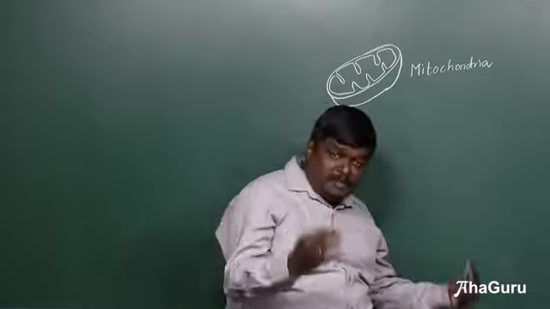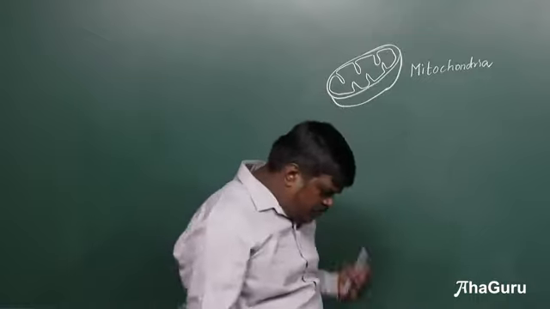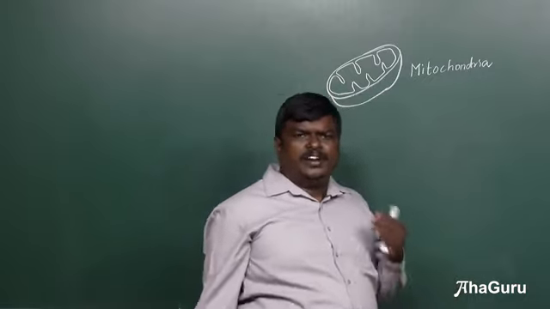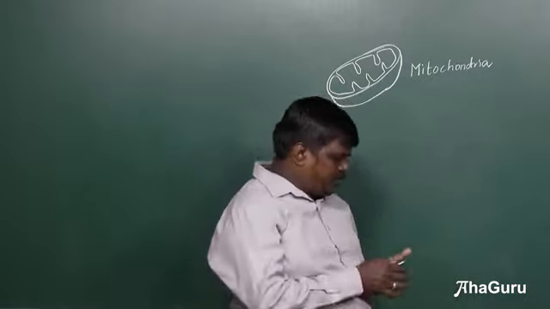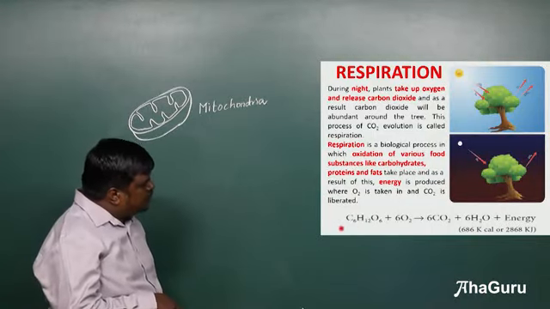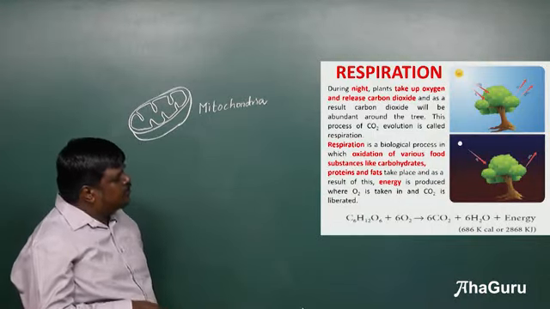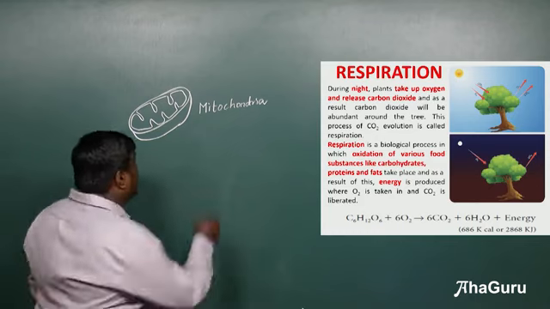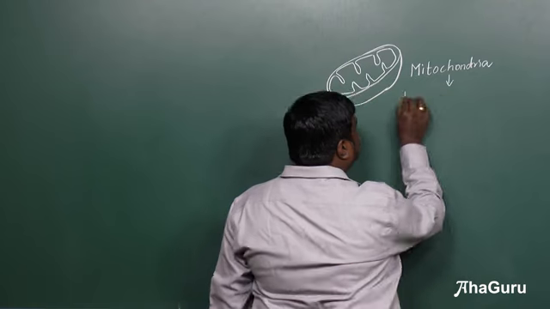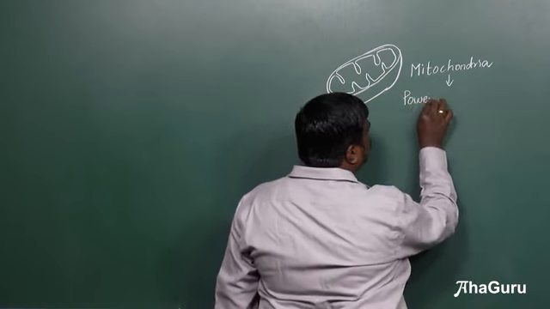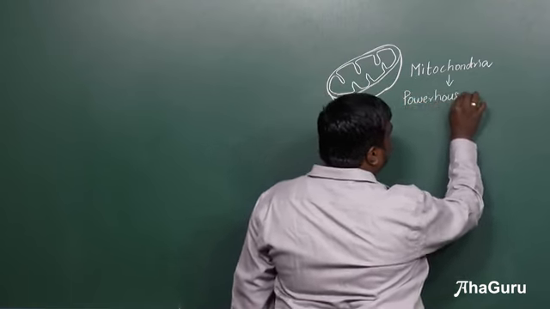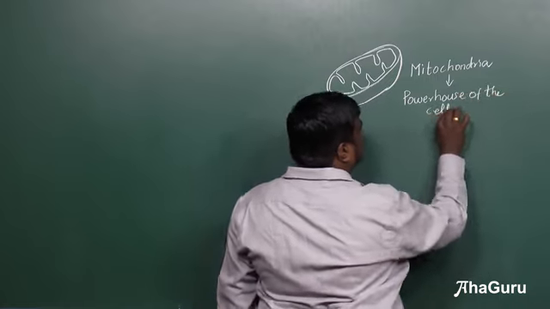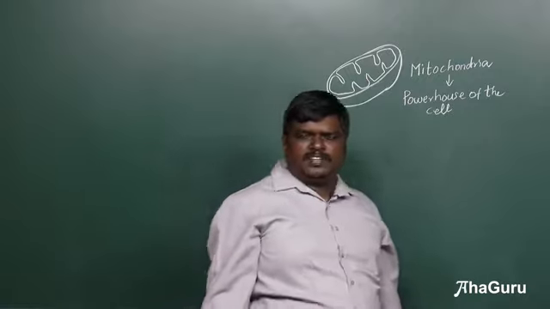I told you about the respiration process: it is the oxidation of food, the glucose molecule, to liberate carbon dioxide, water and energy. This respiratory process occurs in the mitochondria. That's why the mitochondria is known as the powerhouse of the cell.